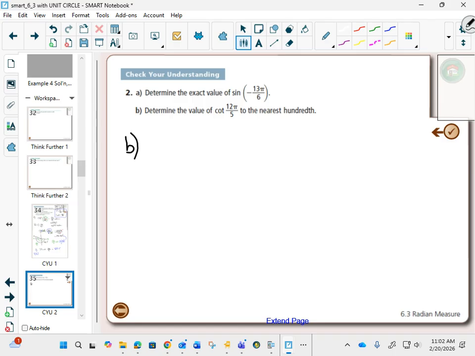I will give you a hint. Since there's no cotangent button on your calculator, cotangent is the reciprocal of tangent, so you know the following is true: cotangent of theta is 1 over tan of theta.